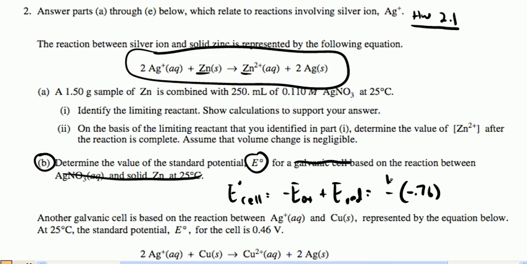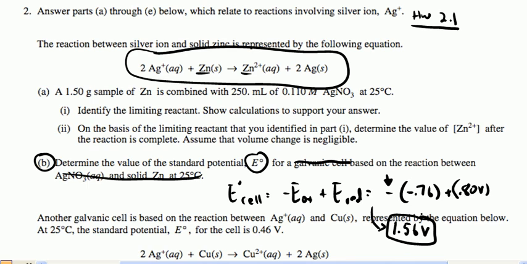And you don't have to flip it because the negative takes care of that for you. And the value for silver is 0.80 volts. So you have 0.80 plus 0.76. If you add those together, you should get 1.56 volts.